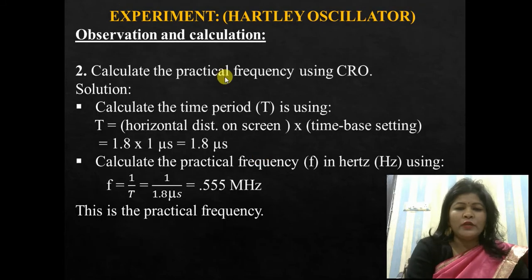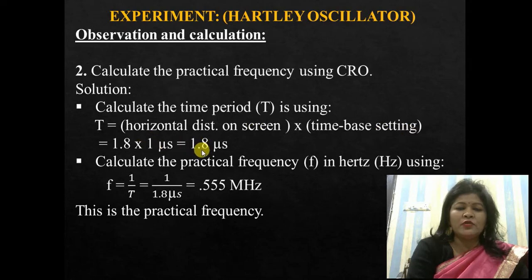Now calculate the practical frequency. How to calculate the practical frequency? As we have already performed the live experiment, using the output waveform we can find out the total time period. So this is your time period T, and the horizontal distance on screen is 1.8, and the time base is 1 microsecond.